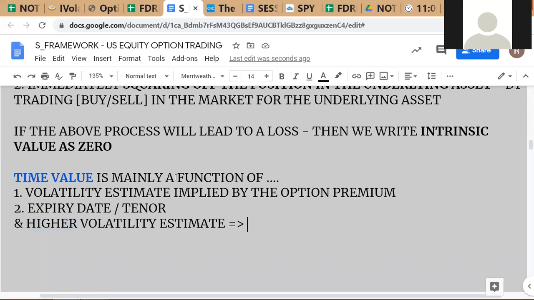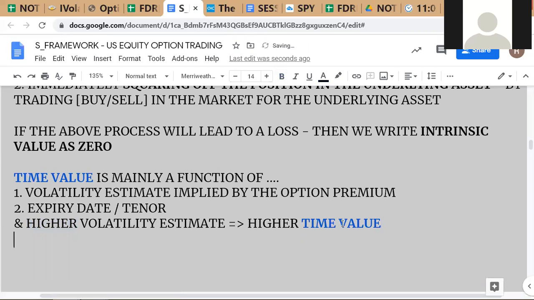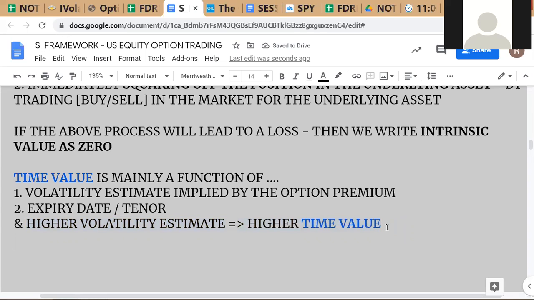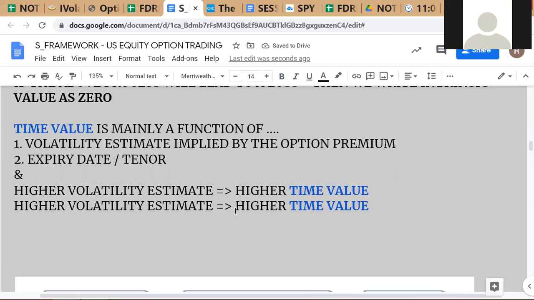There could be other small impact from the other inputs, but time value is mainly a function of these. A higher vol estimate is going to lead to higher time value, and a longer tenor. Okay, let's just use the shorter, longer tenor.